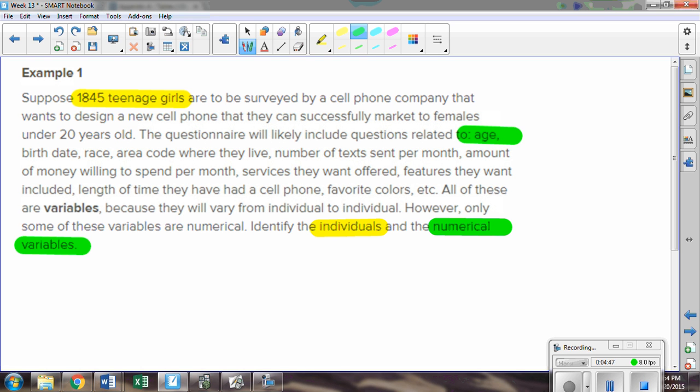Depending on how they ask that question, they could change pieces. For instance, if they ask, what year were you born? That would be a numerical answer. But if they ask you, what month were you born? Clearly month is not numerical because it's January, February. Even if they say month 1, day 22, well, month 1 still refers to January, a category. Not the number 1, but the category 1. So birthday, although it's related to age, and age is a number, the date of your birth is still going to be a categorical variable.